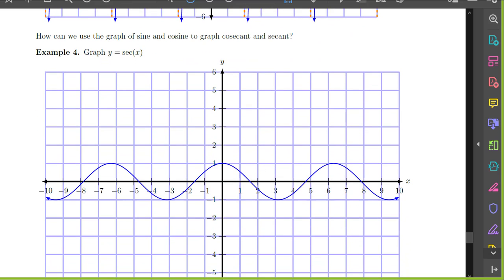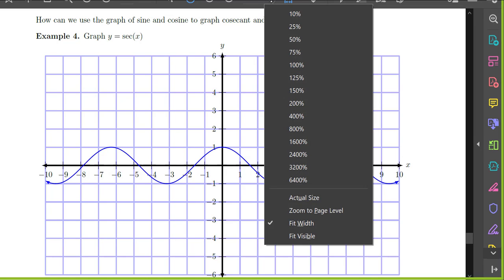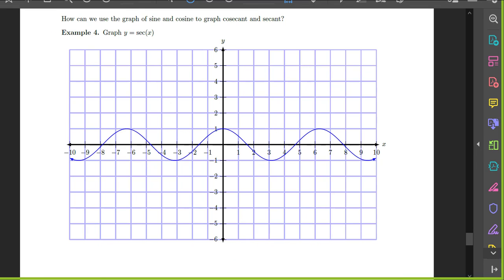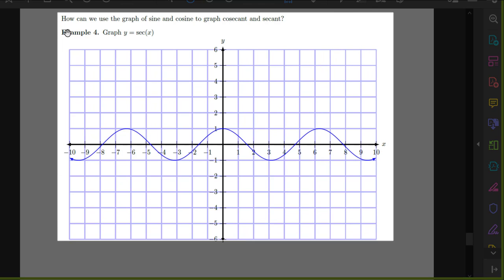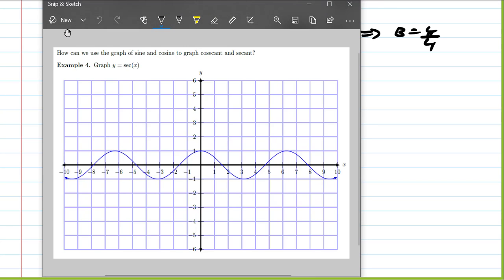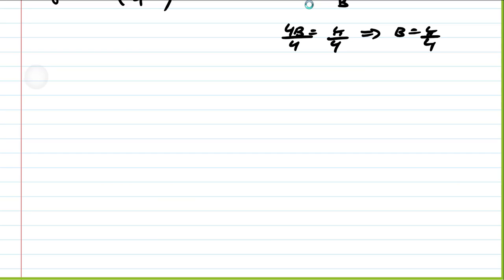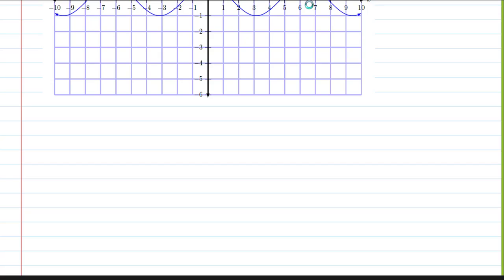So the next question we want to ask is, how can we use the graph of sine and cosine to graph secant and cosecant? Well, the key here is the reciprocal identity.